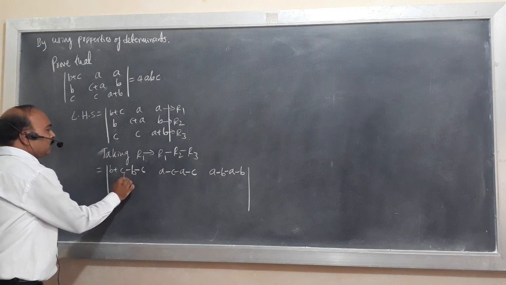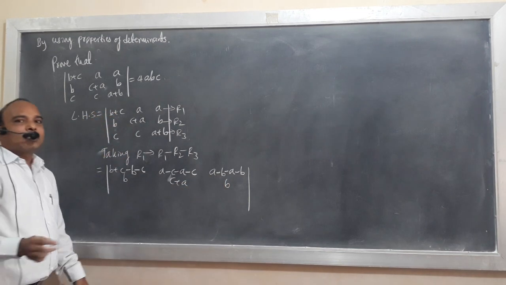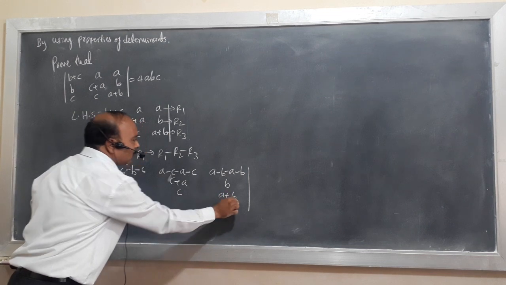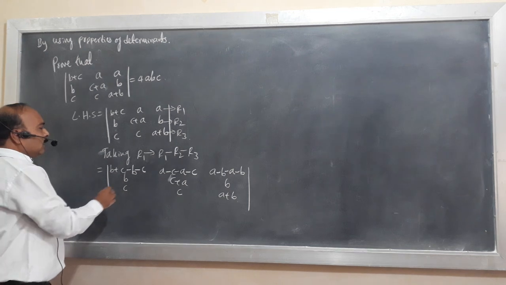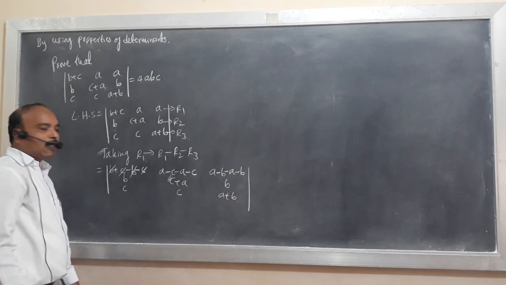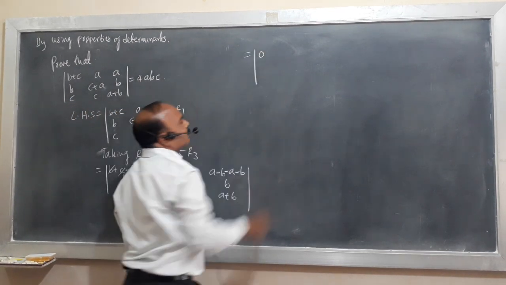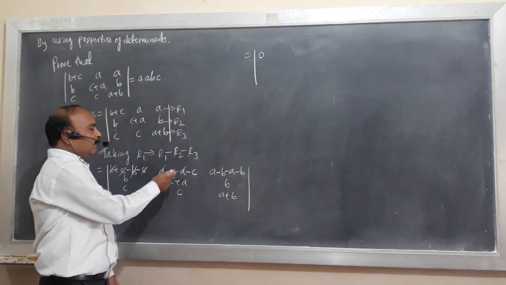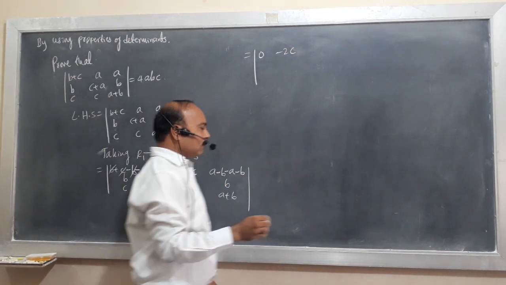Remaining rows as it is: B, C plus A, B as it is. Third row C, A plus B also as it is. Now simplifying this, we get plus B minus B, plus C minus C get cancelled. We get it is equal to 0, and next element here plus A minus A cancel, minus C is minus 2C we are getting.